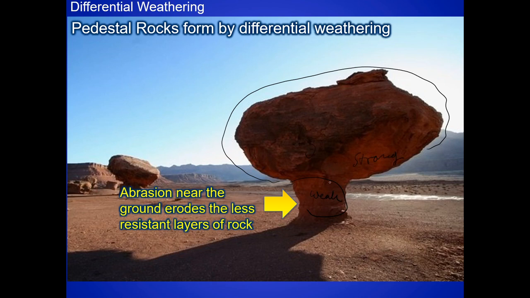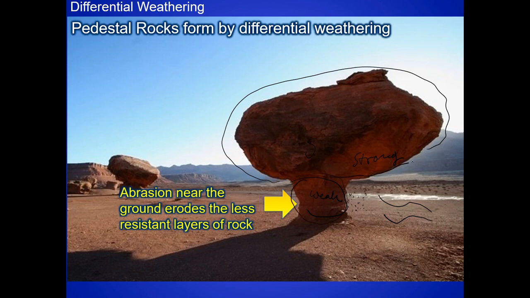And what happens is that the wind is blowing and picking up the sand, and the sand is abrading the surface here. Think of it like a sandblaster, a way of stripping paint off of furniture or your house. So the sandblaster abrades this weak rock and weathers it until you have this funny looking little pedestal.